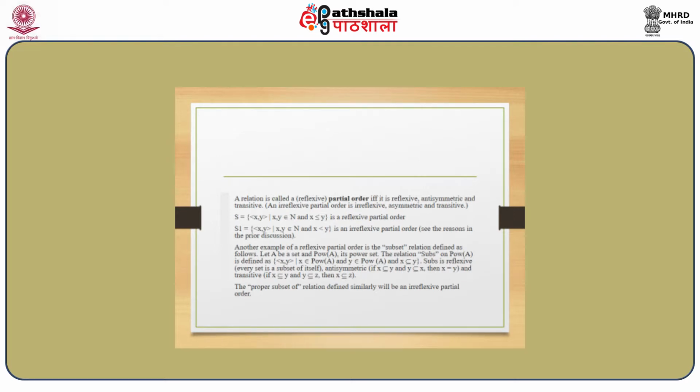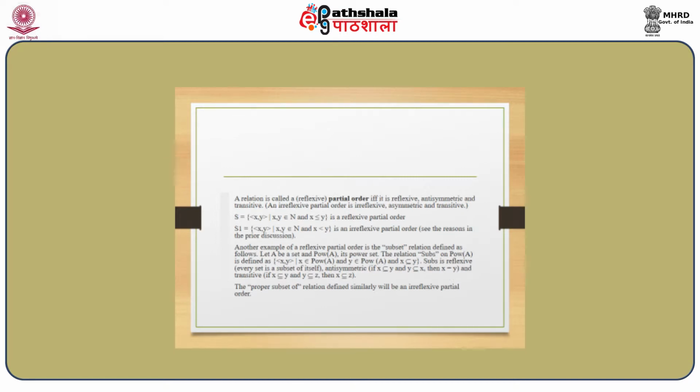The relation S, defined before, the set of all xy such that x and y are natural numbers and x is less than or equal to y, is a reflexive partial order, whereas S', defined as the set of ordered pairs xy such that x and y are natural numbers and x is strictly less than y, is an irreflexive partial order.